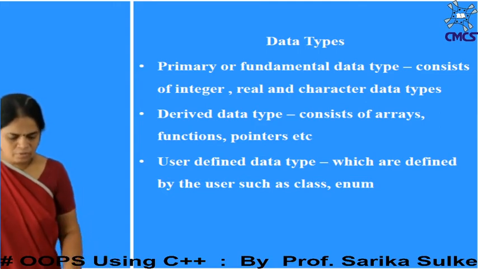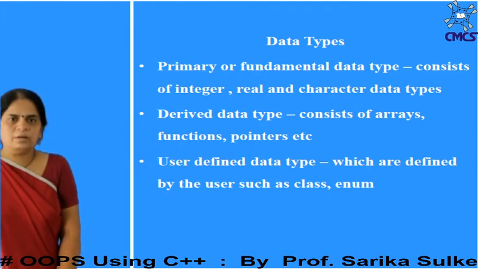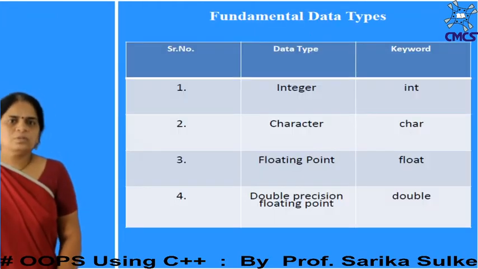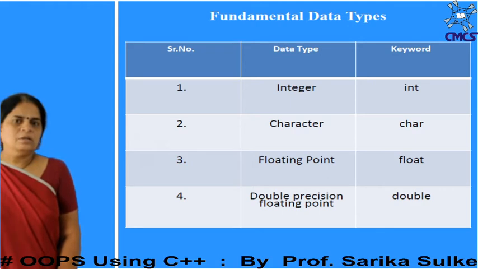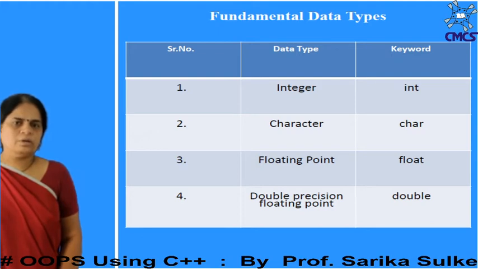Class and enum are the user defined data types. But here we are taking primary or fundamental data types only. So these are the fundamental data types: integer, character, floating point and double precision floating point data type. Integer contains only the integer value.